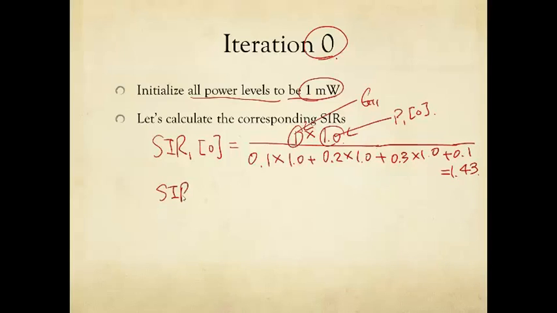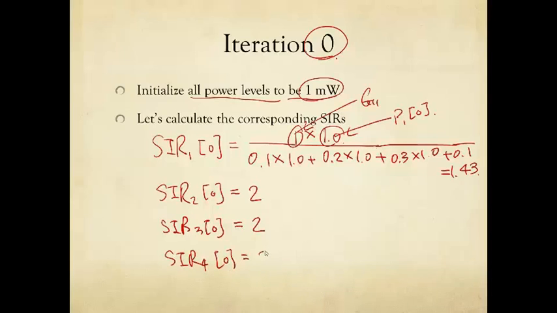Similarly, we can calculate the SIR for the second user at initialization, which turns out to be 2. For the third one, which turns out to be 2 as well, and the fourth one, which turns out to be 2.5.